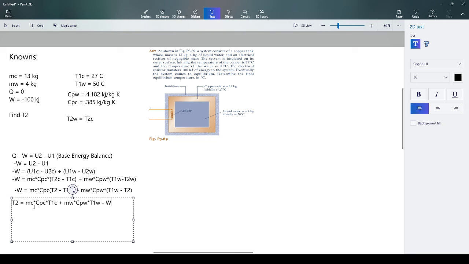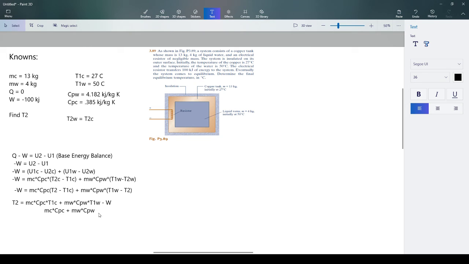So let's put W there. And then it's divided by, this stuff's on the bottom, MC times CPC, that's right, CPC. And then it's plus MW times CPW. So this is what it looks like. Once you do this manipulation, you should get this right here.